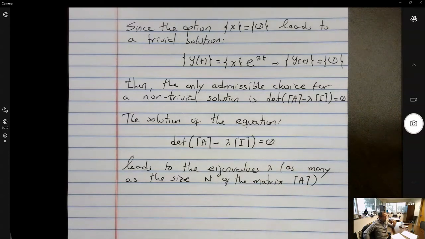Okay, so just coupled equations, not differential equations, just coupled equations.